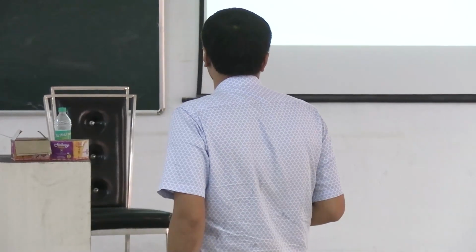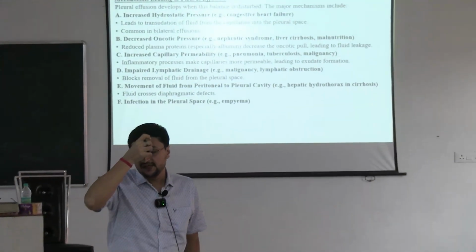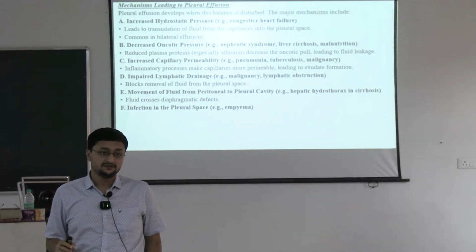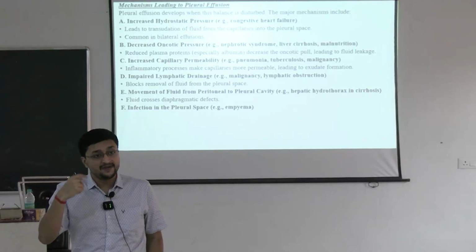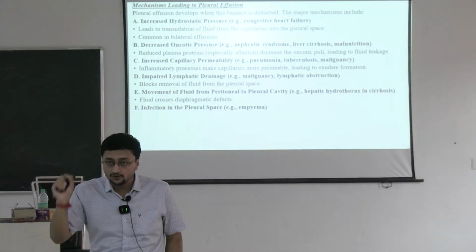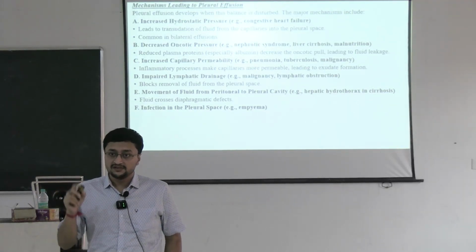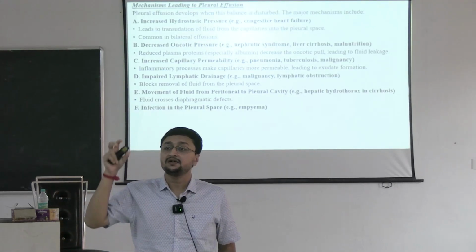And another one is if there is any infection directly inside the pleural cavity, which may or may not be associated with lung parenchymal infection but is solely inside the pleural cavity. That leads to empyema. Empyema means pus inside the pleural cavity.